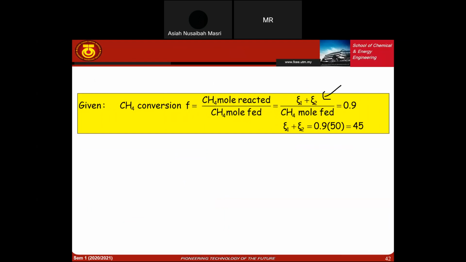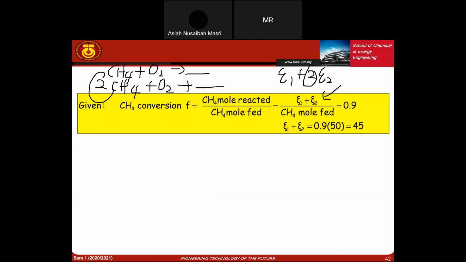That means if in case the two reactions involve another stoichiometry, let's say this is just an example. We have CH4 plus oxygen to get something. Then the second reaction was 2CH4 plus oxygen to get something else. What will happen? The CH4 mole reacted will be extent 1 plus 2 extent 2, because there is a 2 here.